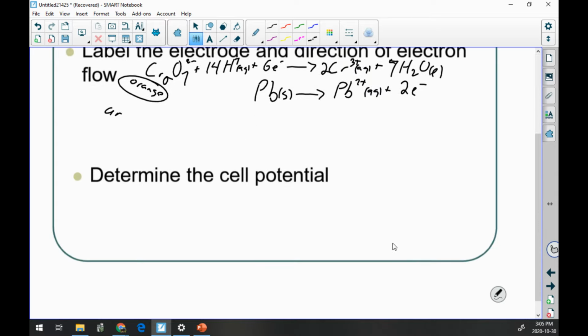The cell potential. We want to know what a voltmeter connected to this would read, and that is going to be the cell potential.